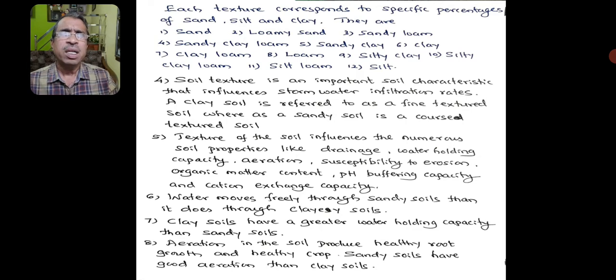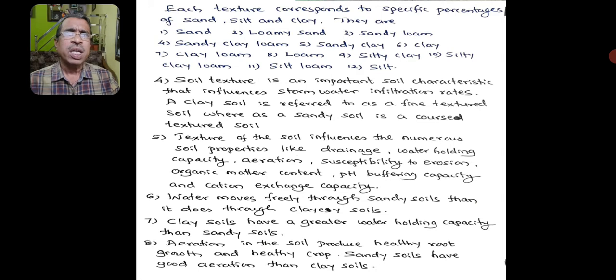Like that, we have sandy clay loam, sandy clay, only the clay, clay loam, then only the loam. Next, silty clay loam, silty loam, and only the silt. So these are the 12 types of soils we come across in India.